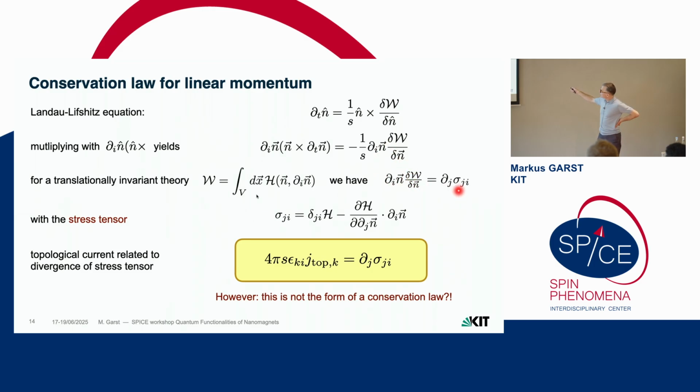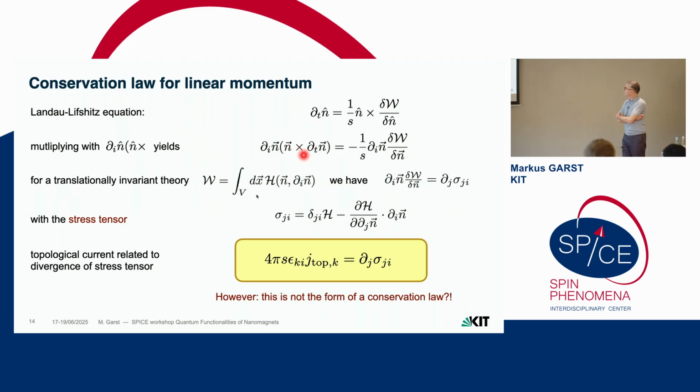Then you can write this product as a divergence of the stress tensor of the theory. Yeah? So this scalar product can be written as a divergence of sigma, where sigma is the stress tensor of the theory, now formulated in terms of the integrand of this energy functional, which is essentially the Hamiltonian.